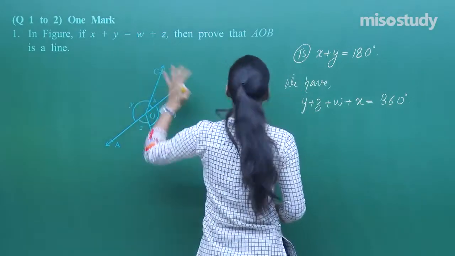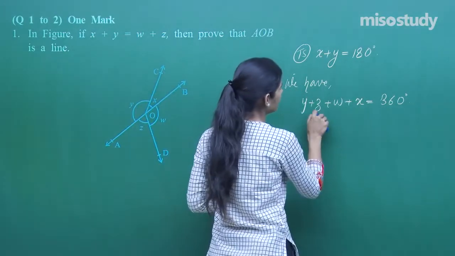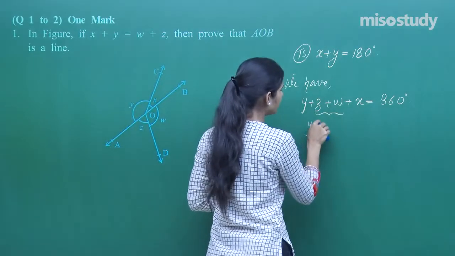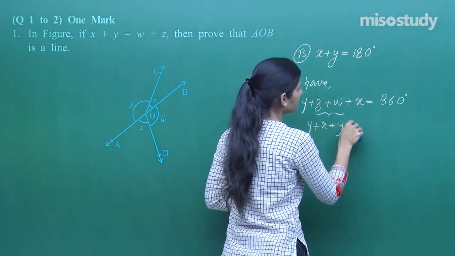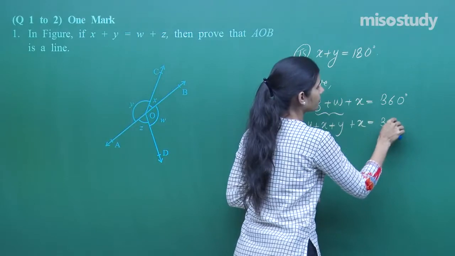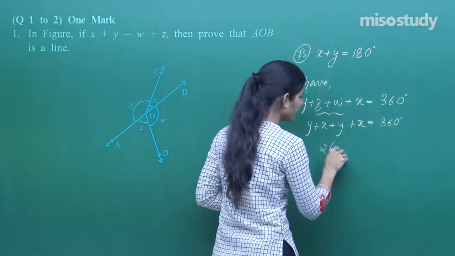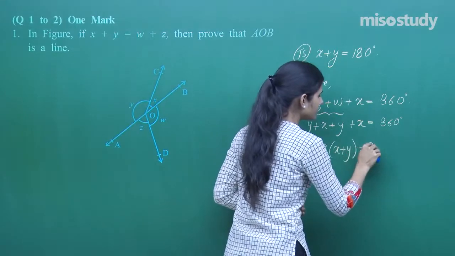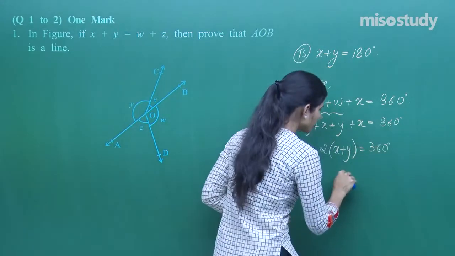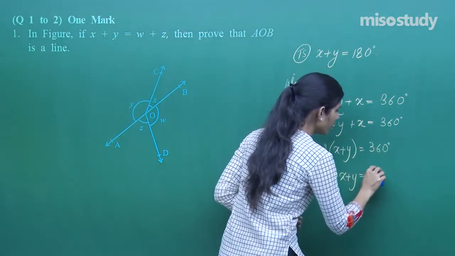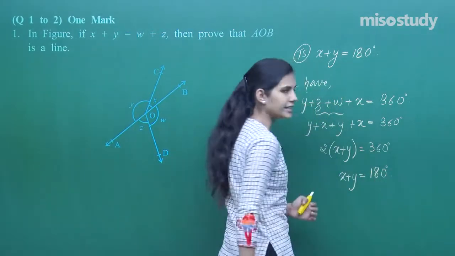But it is given that x plus y is same as w plus z. So w plus z will be replaced by x plus y. And so you will have twice of x plus y is 360, which means x plus y is 360 upon 2, that is 180.